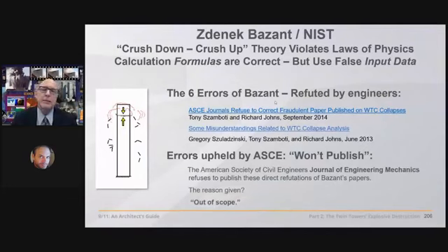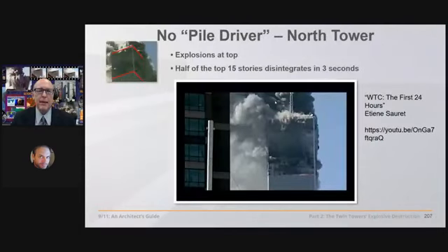They said it is out of scope. Wait a minute. How is it out of scope to point out errors, serious, grievous errors that were made by a previously published paper? So there's an ethics case going on with the American Society of Civil Engineers over the refusal to publish this paper right now. And that's pending.